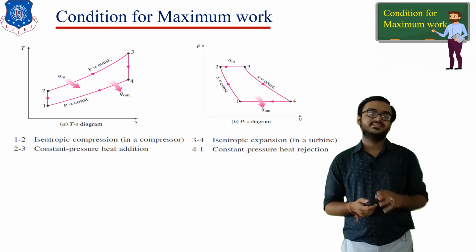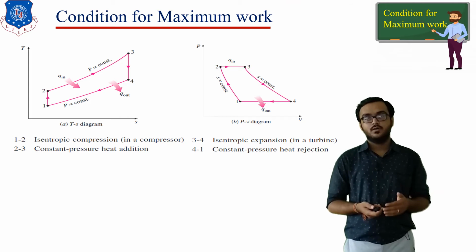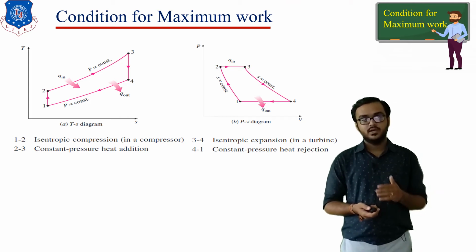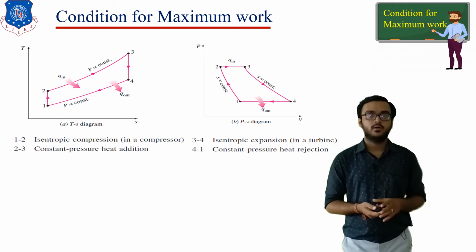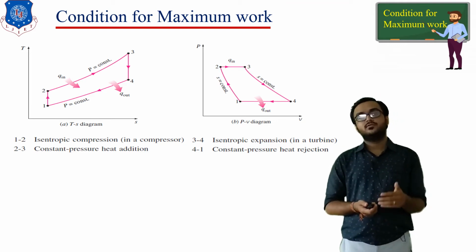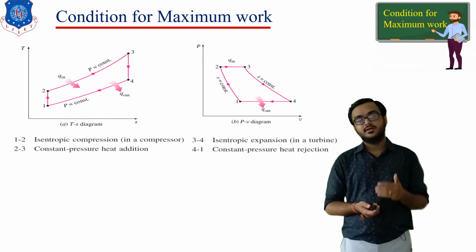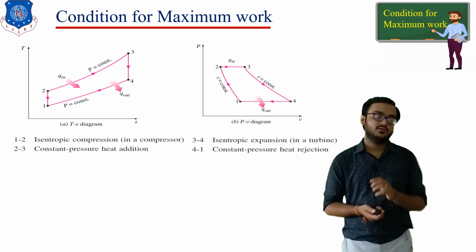Now, based on this diagram, we proceed toward the derivation of the condition required to obtain the maximum work done. Before going to that derivation, first derive the equation of work done.